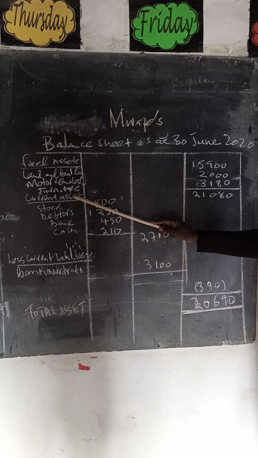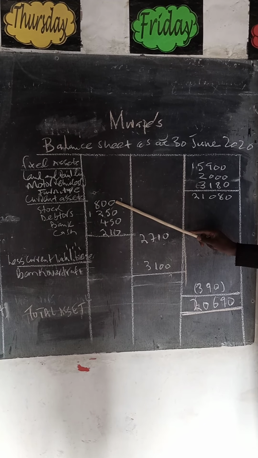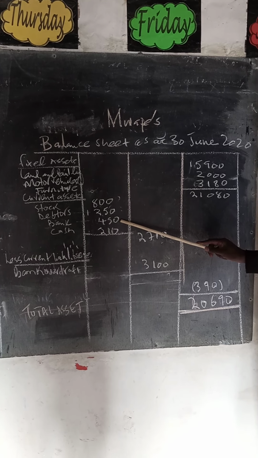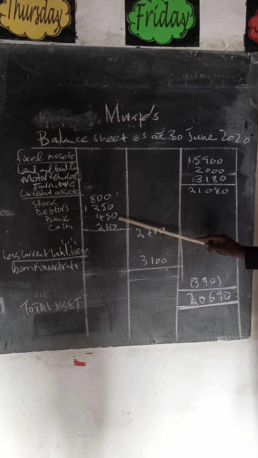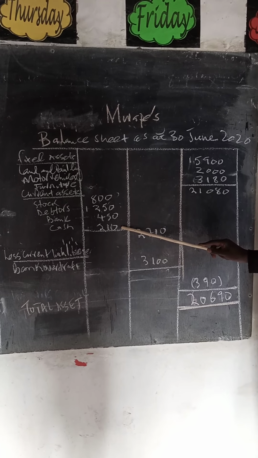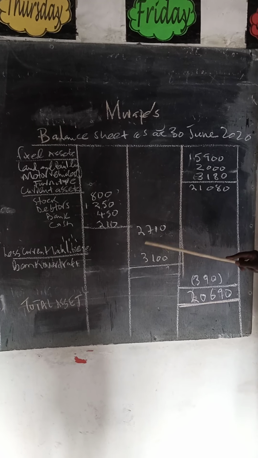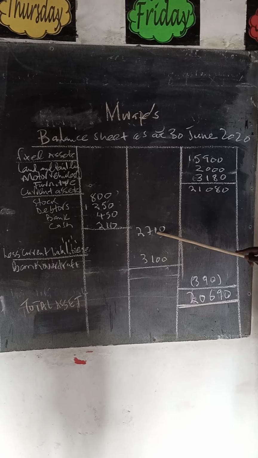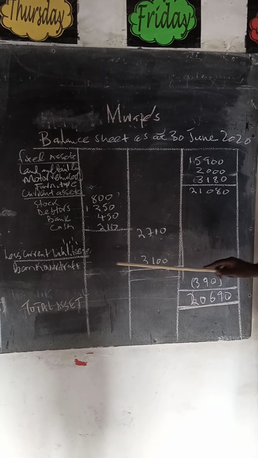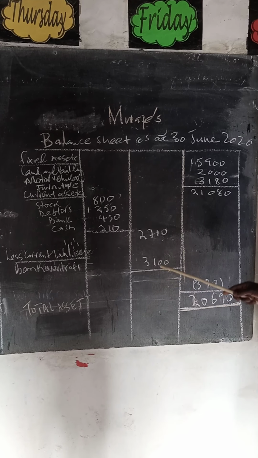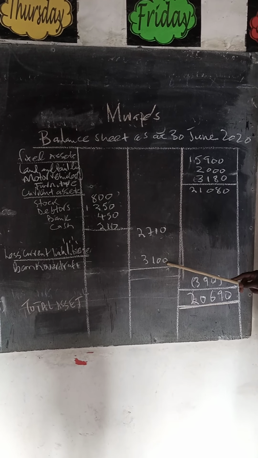Under current assets, we had closing stock 800, the debtors 1,200, cash at bank 450, cash in hand 210. Then the total current assets gave us 2,110. Then on current liabilities, we only had bank overdraft, which gave us 3,100.